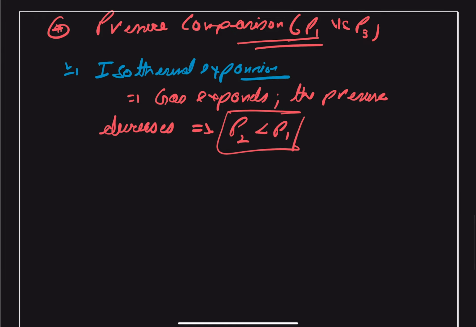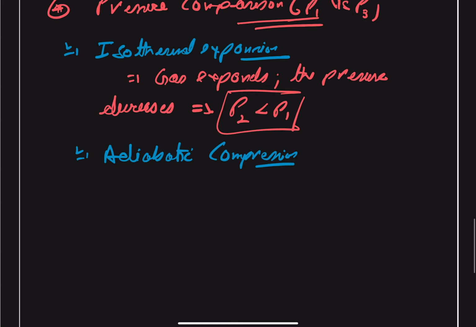Second is our adiabatic compression. In this case, the gas is compressed again to the initial volume V1, but there is an increase in the temperature because of the high pressure.